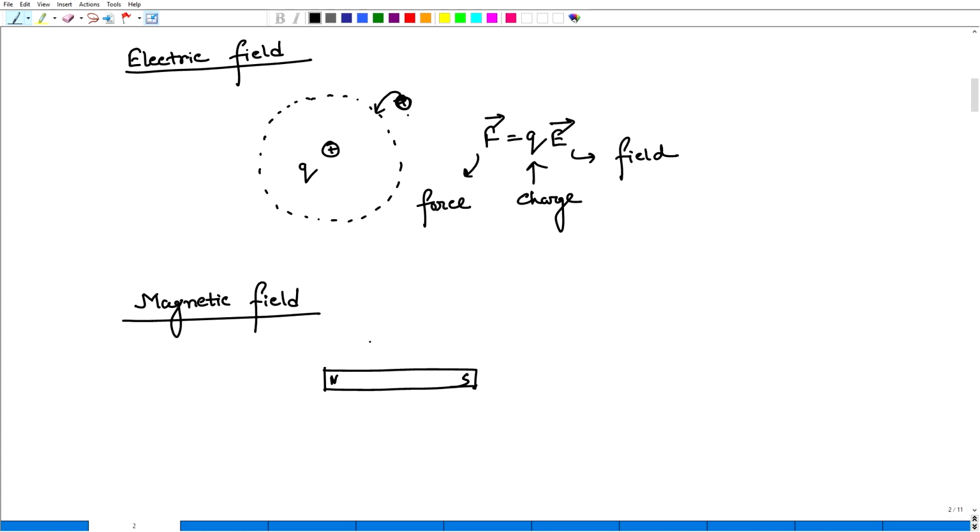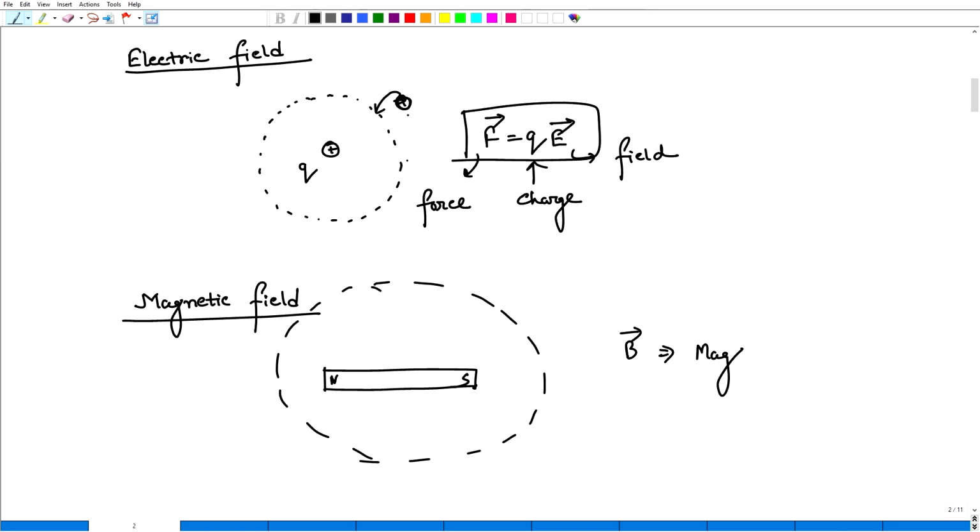Around this magnet there is also a field that works in the same fashion. B is denoted as the magnetic field. The force due to the magnetic field is not as straightforward as for the electric field. For that we use the Lorentz force, we will come to that.